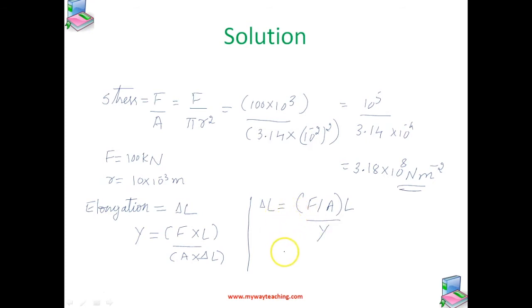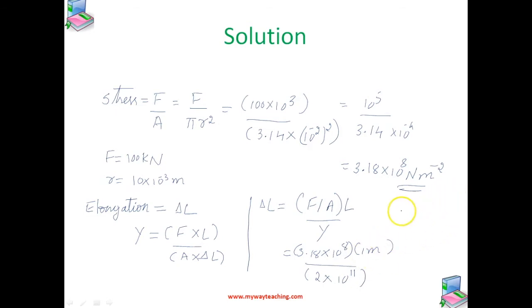Here we know F by A, that is stress, which is 3.18 into 10 raised to 8 Newton per meter square, and the length is 1 meter, and the value of Young's modulus is given in the question, that is 2 into 10 raised to 11.